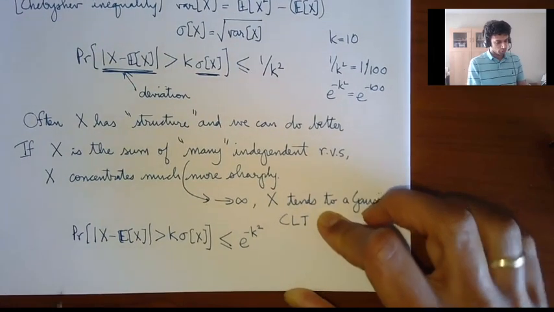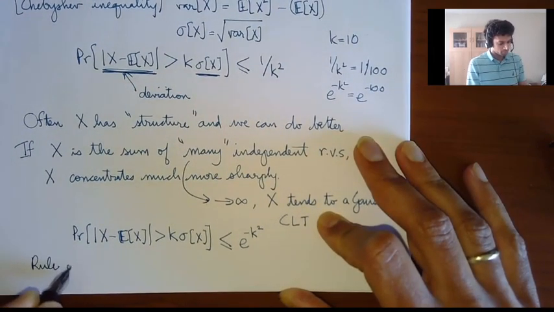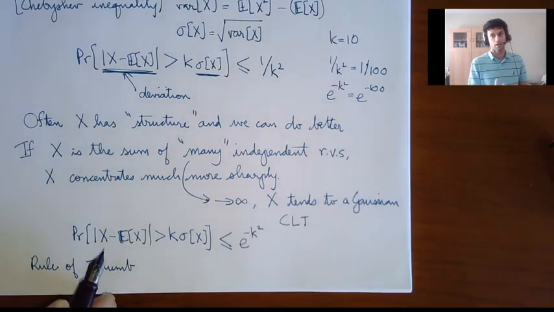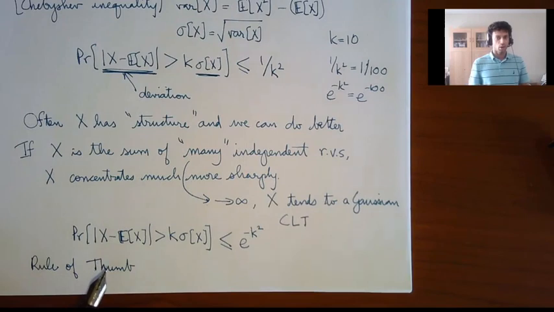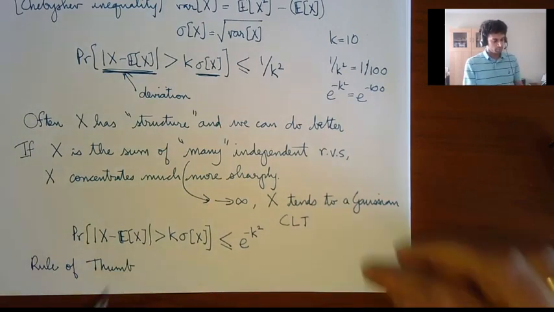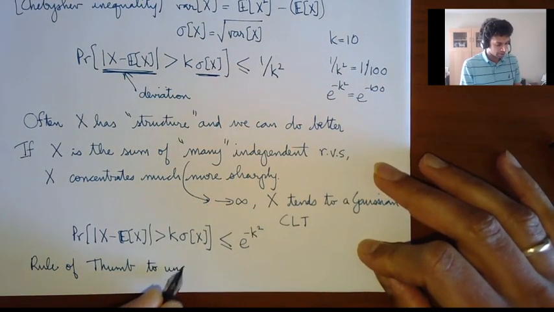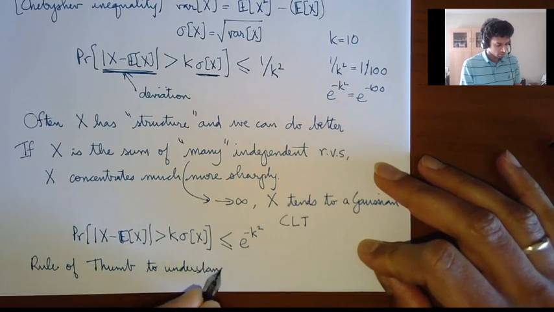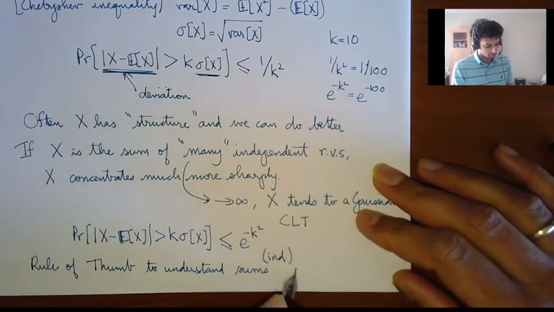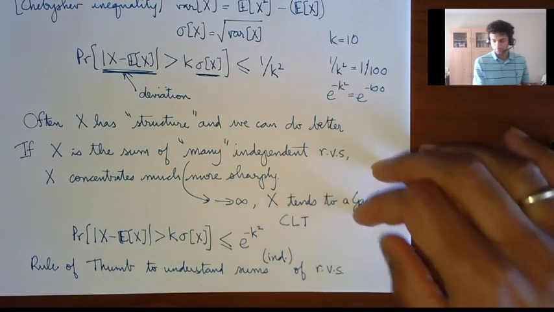Now this is useful also as a rule of thumb. If you have a random variable that's not necessarily a Gaussian, but you're trying to understand how well it could concentrate, one rule of thumb is to simply assume it's a Gaussian and see what you get. This rule of thumb is usually there to understand sums, typically independent sums of random variables.